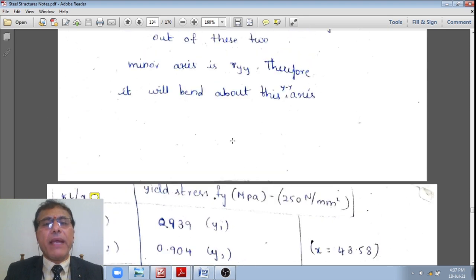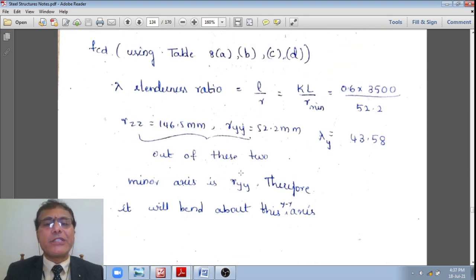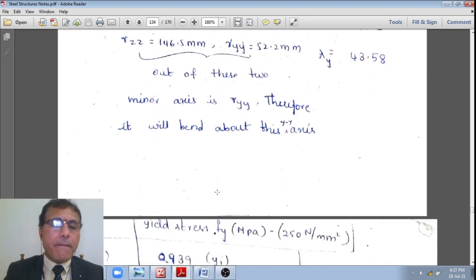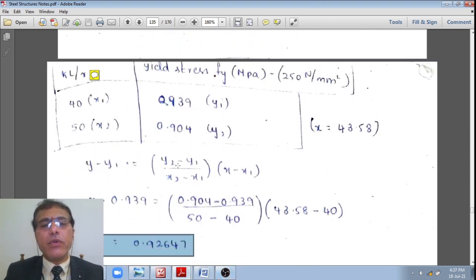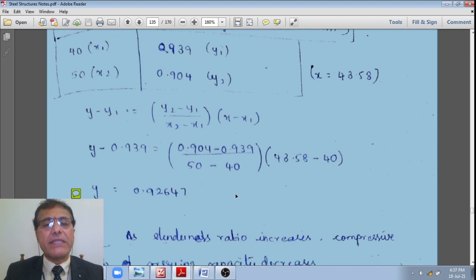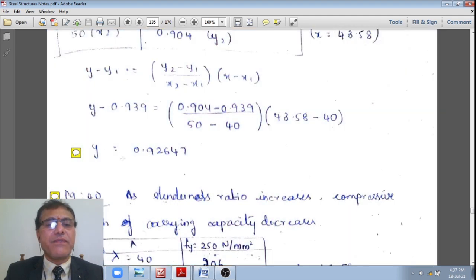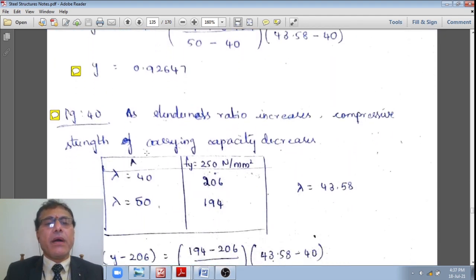However, for the minor axis, we should be using 8B. Similarly, we'll see the stress reduction factor about the minor axis. Now let us see what I am showing.